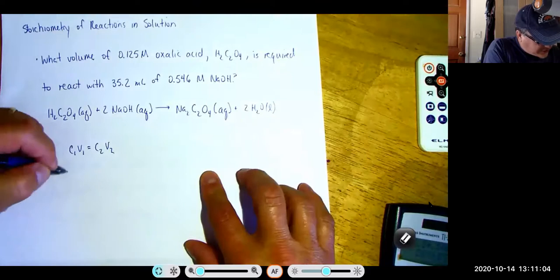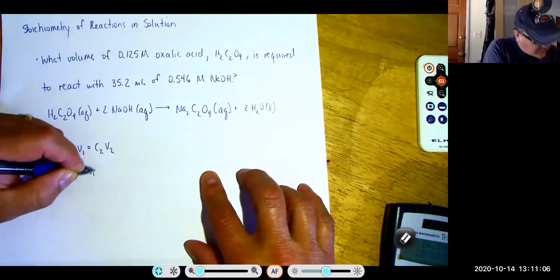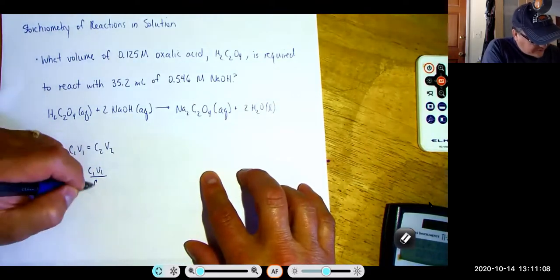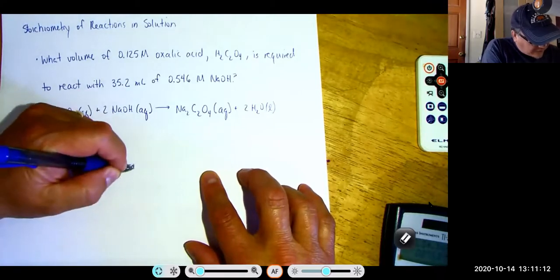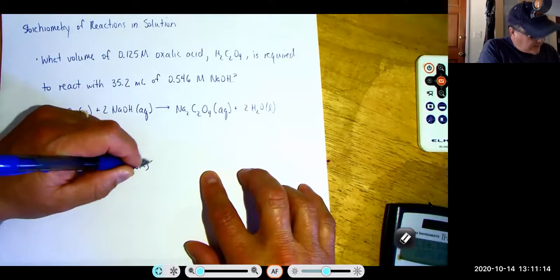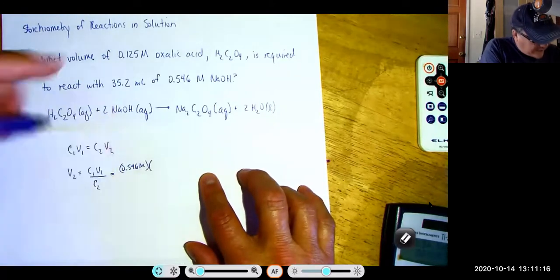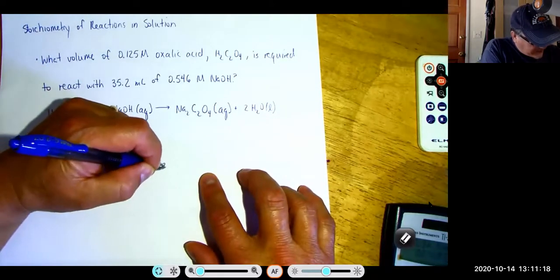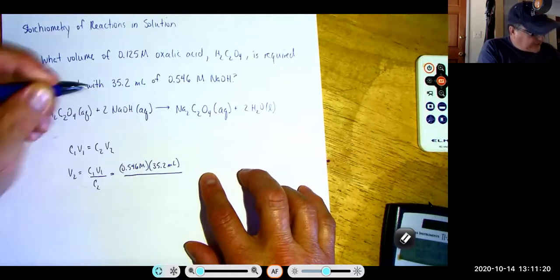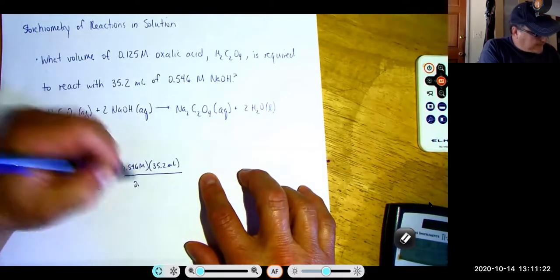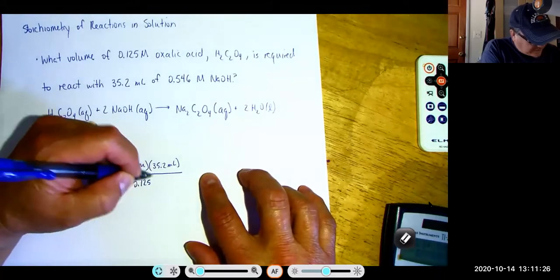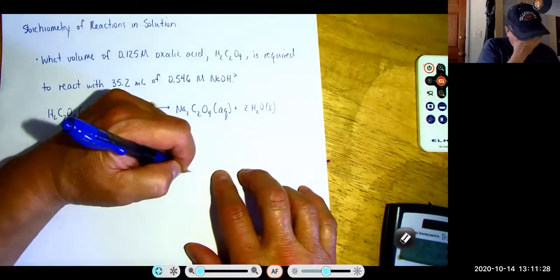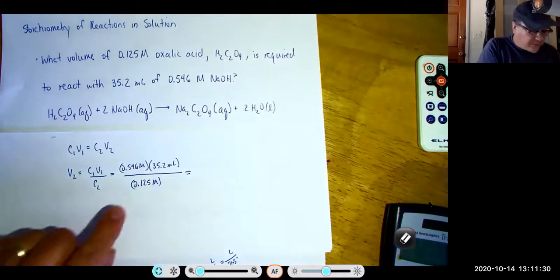So V2 would be C1V1 over C2. So C1 would be 0.546 molar. V1 would be 35.2 milliliters. And C2 would be 0.125 molar. And let's see what answer we get here.